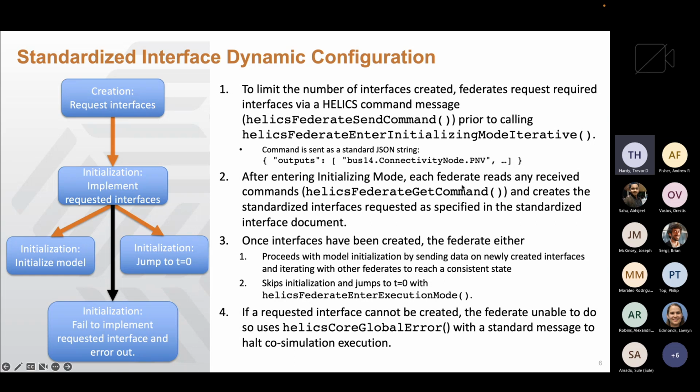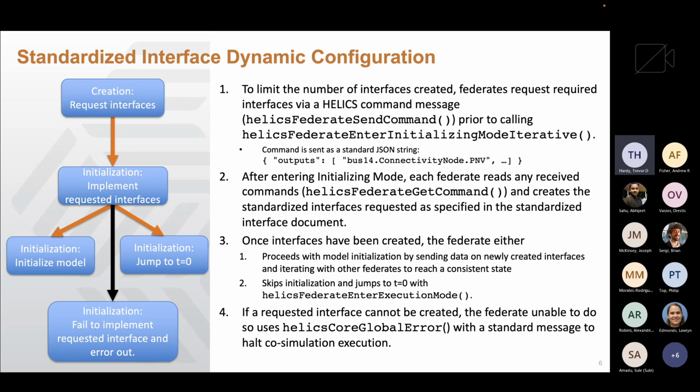After entering initializing mode, each federate reads the commands it has received and then sets up those interfaces. Once those have been created, there are some choices. One, things could fail. That's this black path. Somebody sent the distribution federate, hey, I need to know the status of your nuclear power generators or whatever, and it's like, oh yeah, we don't have those.